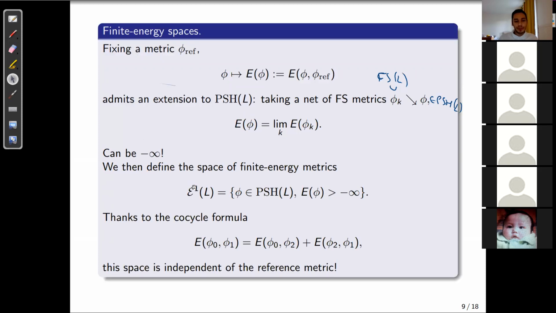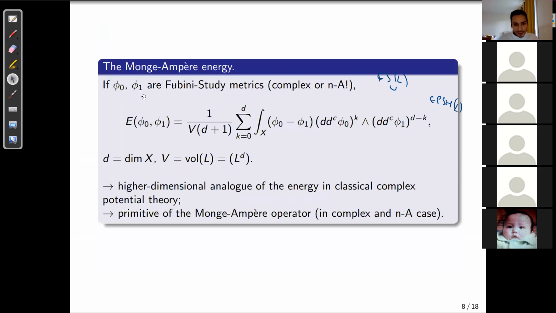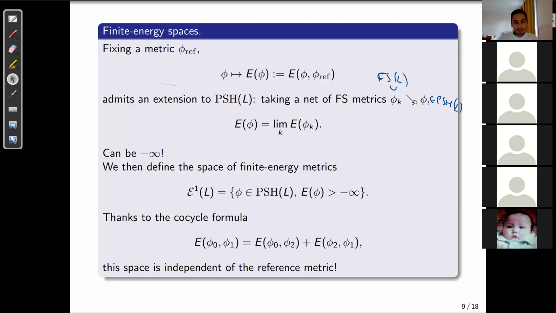So you might wonder whether the choice of a reference here matters, and it does not, because if you are willing to do the computations in this horrible expression right there, you're going to see that if you take another reference metric phi2, then the energy of phi0 with respect to phi1 is going to be equal to the energy of phi0 with respect to phi2 plus the energy of phi2 with respect to phi1, which means essentially that it's not going to change whether or not the energy of phi0 or phi2 is finite, because this is always going to be finite if both metrics are continuous.